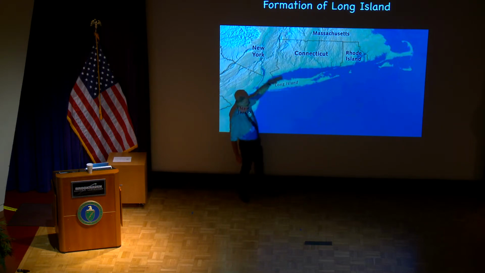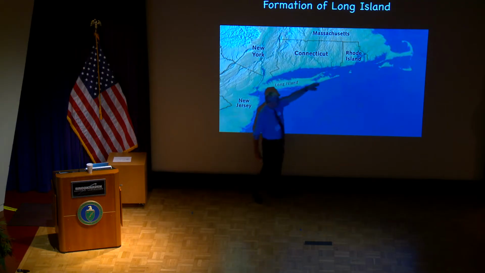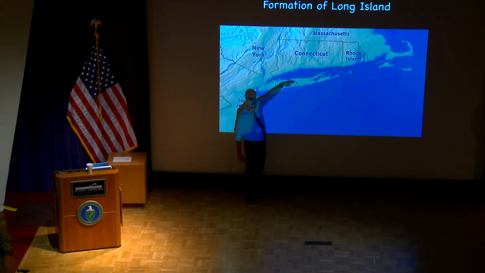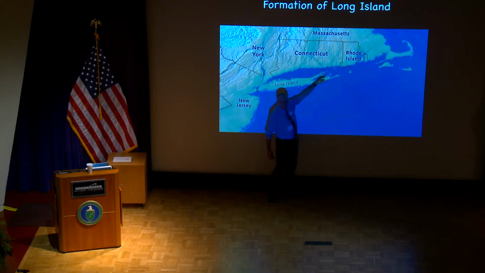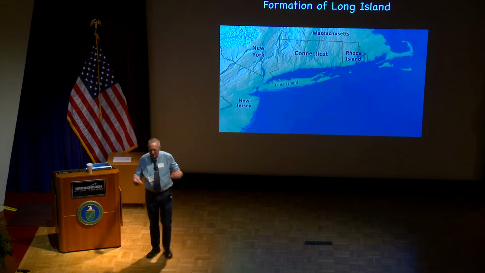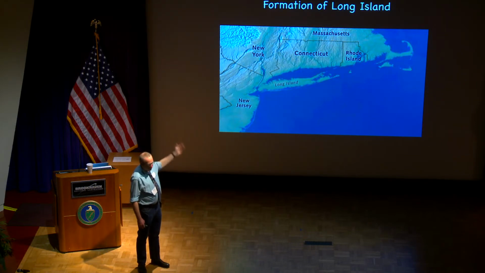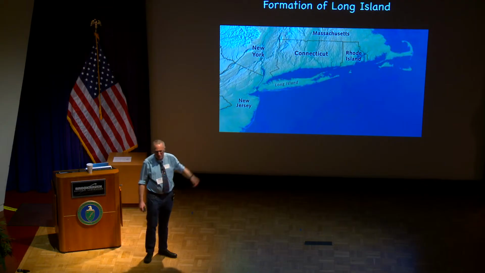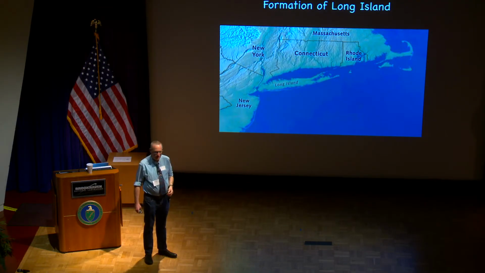So the ice comes down about 30,000 years ago, parks, deposits a line of hills that forms a moraine that extends out to the South Fork here, retreats, parks about 20,000 years ago, deposits another line of hills, which becomes the North Fork, and then backs up completely, melts back up into Canada. That process goes from about 20,000 or 18,000 to about 15,000 or 12,000 years ago.